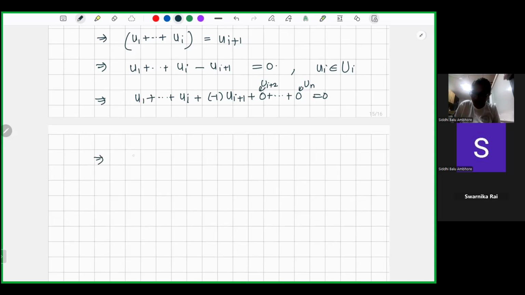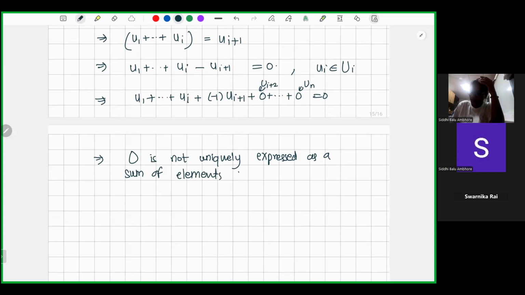So this implies that 0 is not uniquely expressed as a sum of elements from u1 to un.